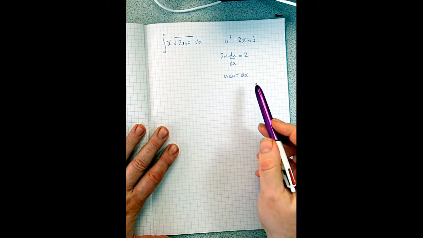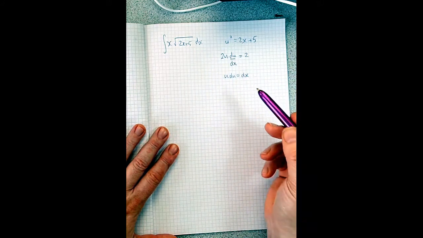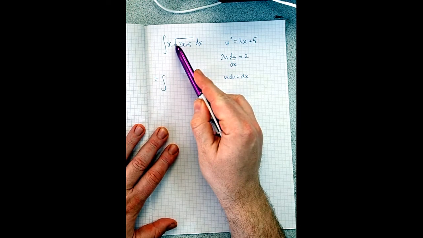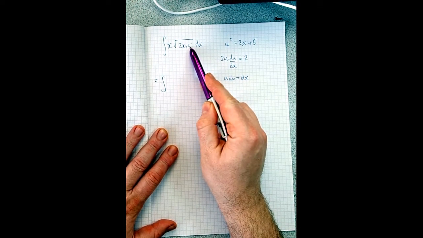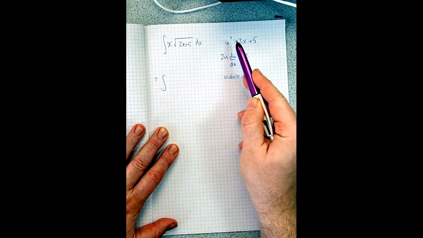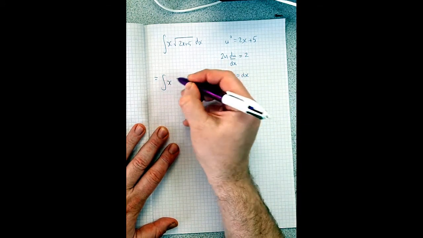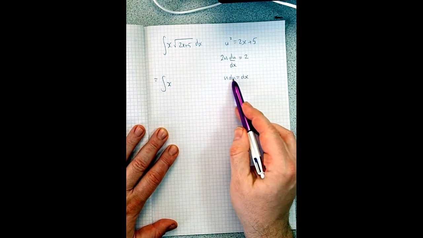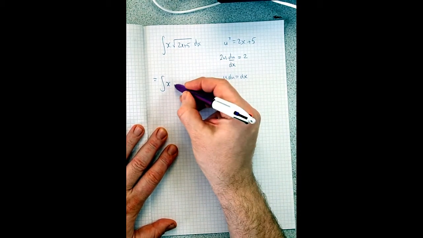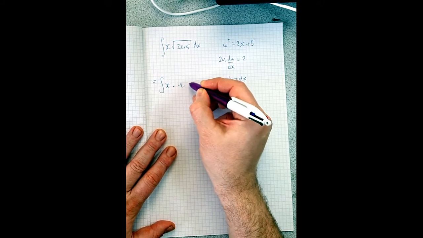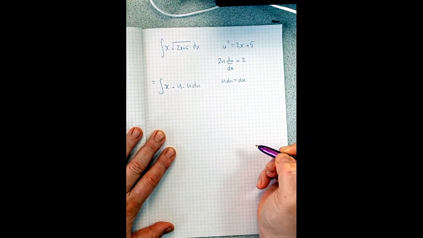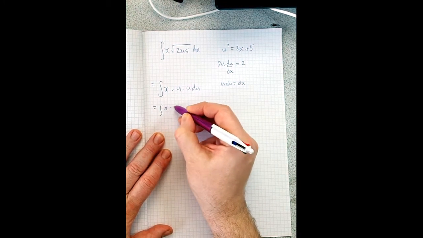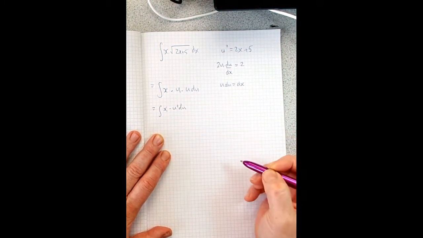My habit generally is to do the dx first, see if anything cancels out. Now, clearly I can see that the square root of 2x plus 5 is the square root of u squared, which is u. So I've got u times x times u squared du.